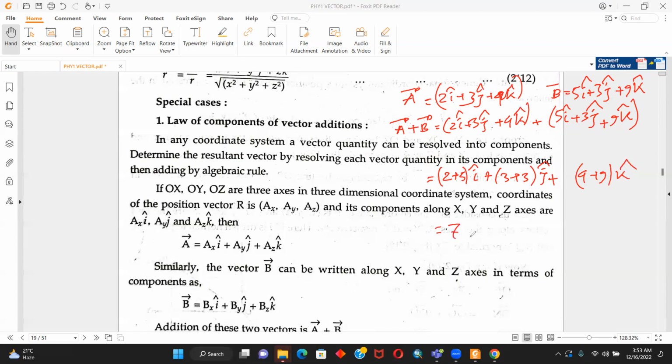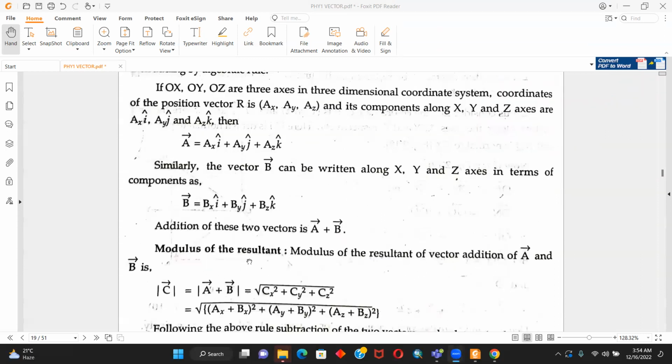That will equal 7i plus 6j plus 13k. Let me know when you're done. I'm done. This is the basic rule for adding vectors.